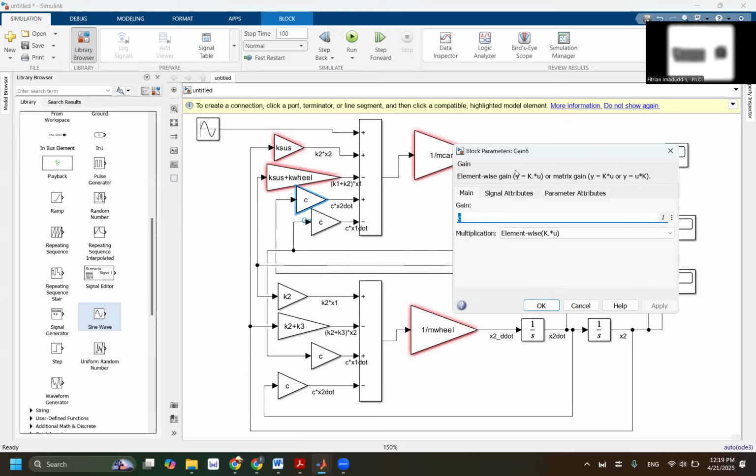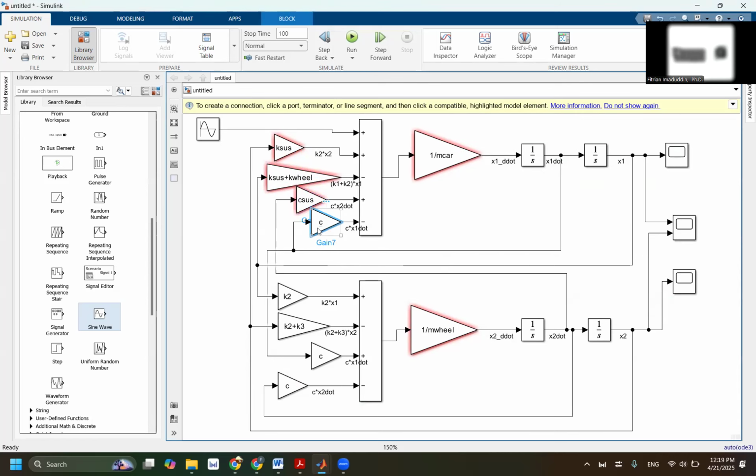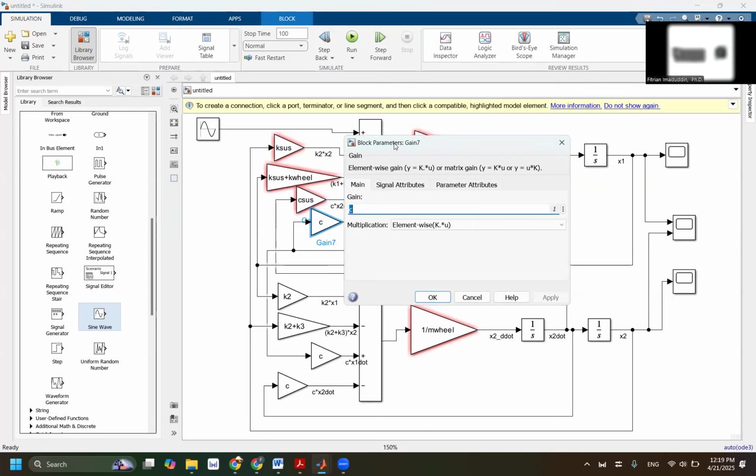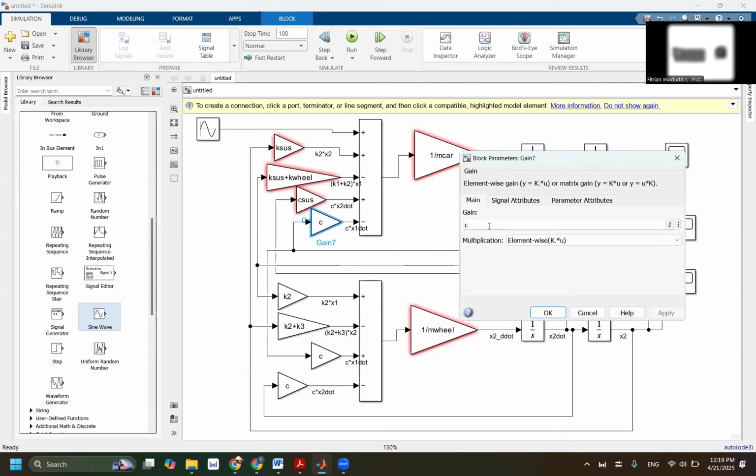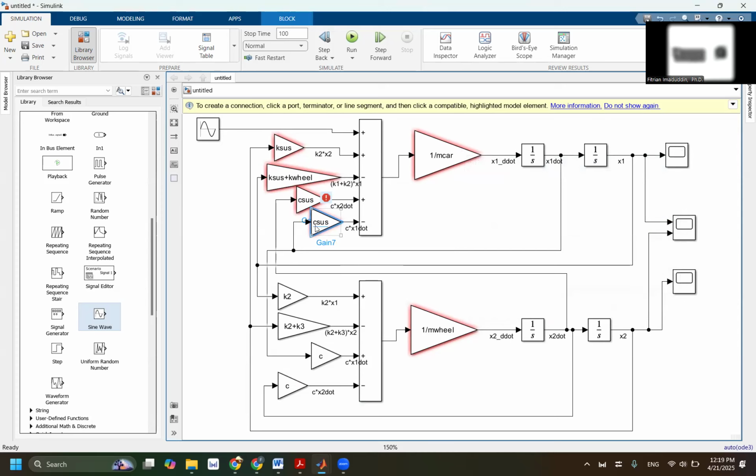Now, this is equal with the CSAS. This is also the CSAS. This is now becoming the X car, double dot. And this is the X wheel. This is also the X wheel.